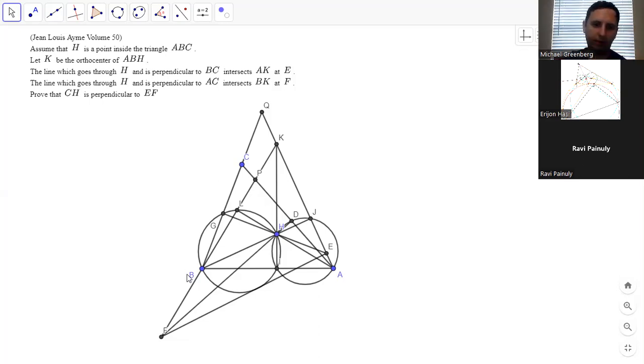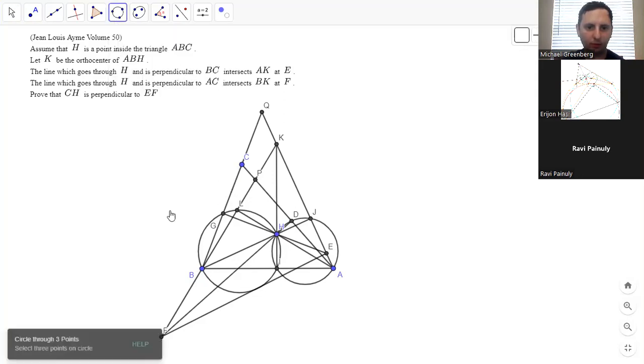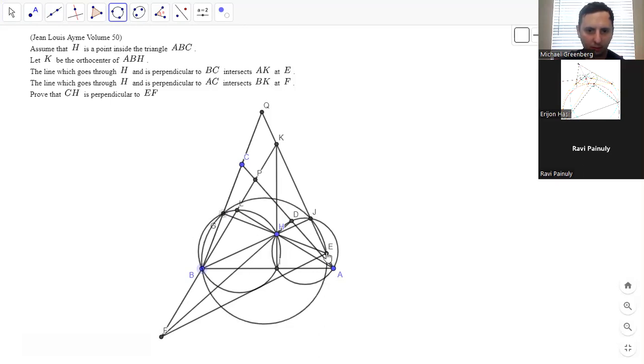I want to use that angle BGE is 90, not just BGH. Is there a way? Because there's some other right angle. So angle BGE is 90. So we have another cyclic quadrilateral here, right?